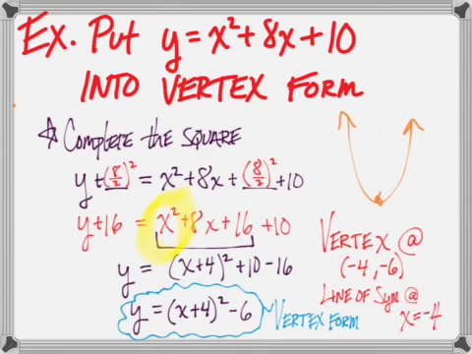I also know the line of symmetry is at x equals negative 4. So that's the x coordinate of my vertex. If I was to draw the line of symmetry, it's where it splits it down the middle, and that's always going to be the x coordinate of my vertex.